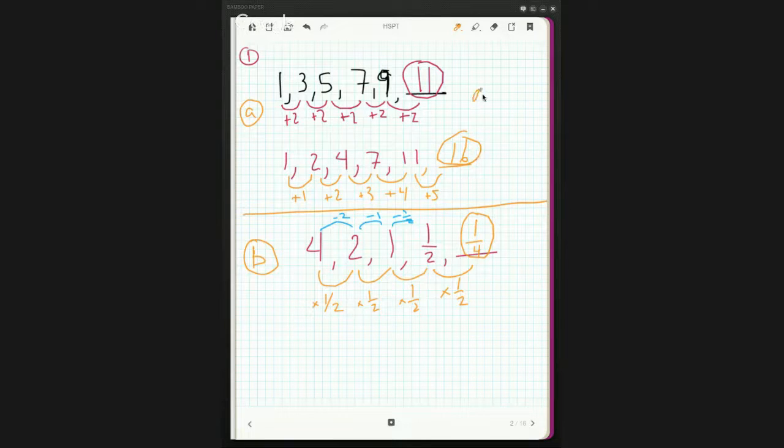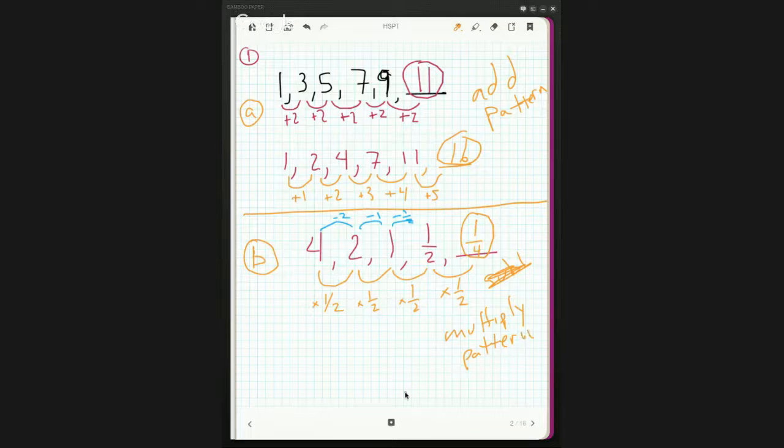So you either have the add pattern, or you have the subtract, or the multiply pattern.